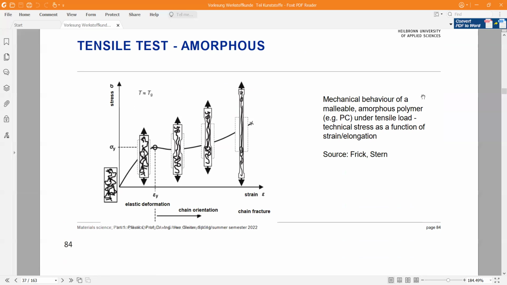Some mechanical behavior of malleable amorphous polymer, for instance polycarbonate, under tensile load, technical stress as a function of strain and tension. On the X axis we have strain, and on the vertical we have stress.